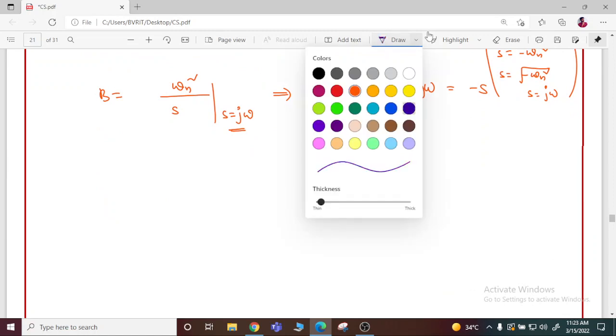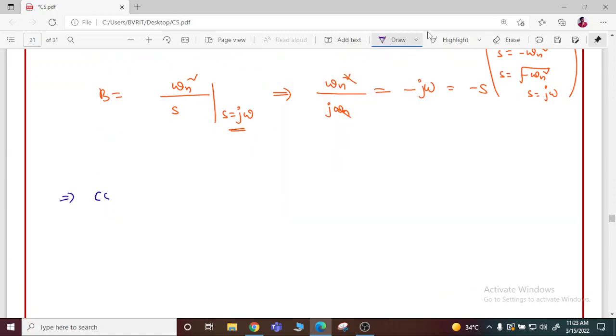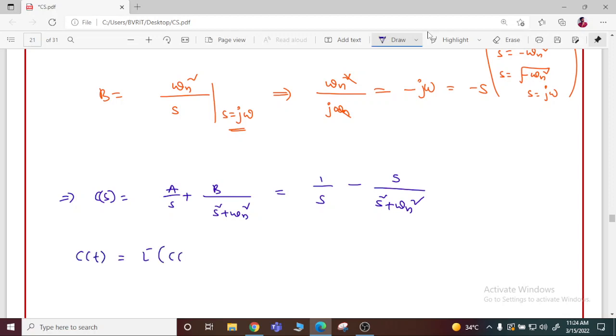So, this is the way I have taken here, s is equal to j omega, and substitute now here, then you will get C of s as a by s plus b by s square plus omega n square now will be 1 by s minus s by s square plus omega n square. So, if I want to get C of t, I have to do the inverse Laplace of C of s.